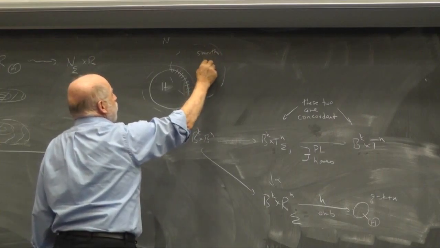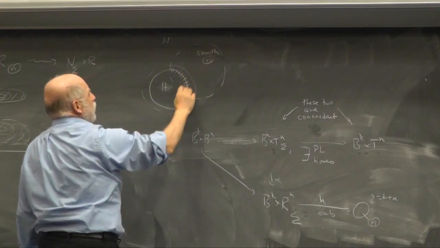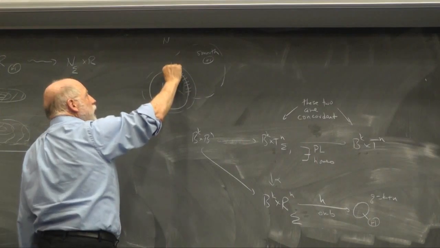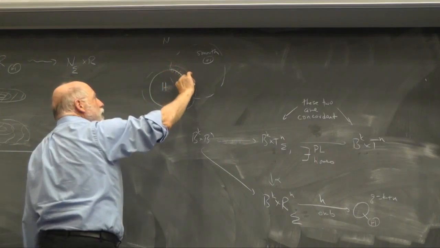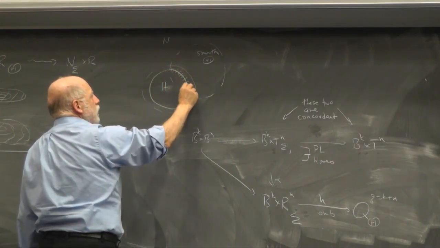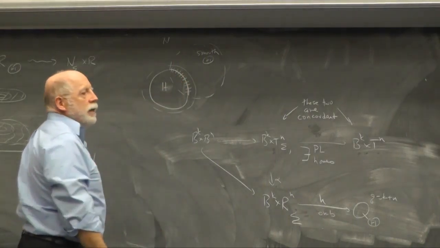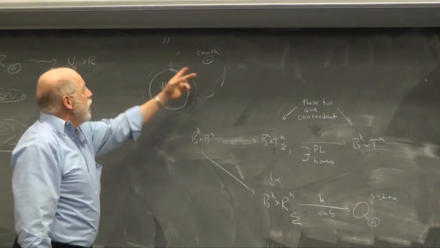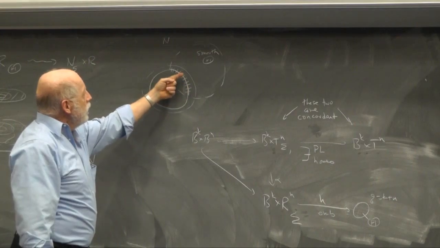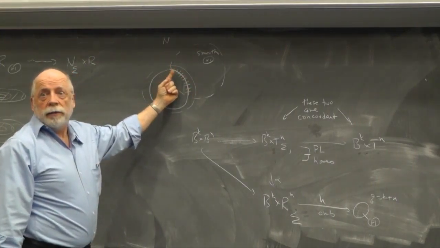It's a smooth structure theta again. That puts a smooth structure on this manifold cross R, because there's the R factor. In this thing, it's just a topological manifold with an R factor.